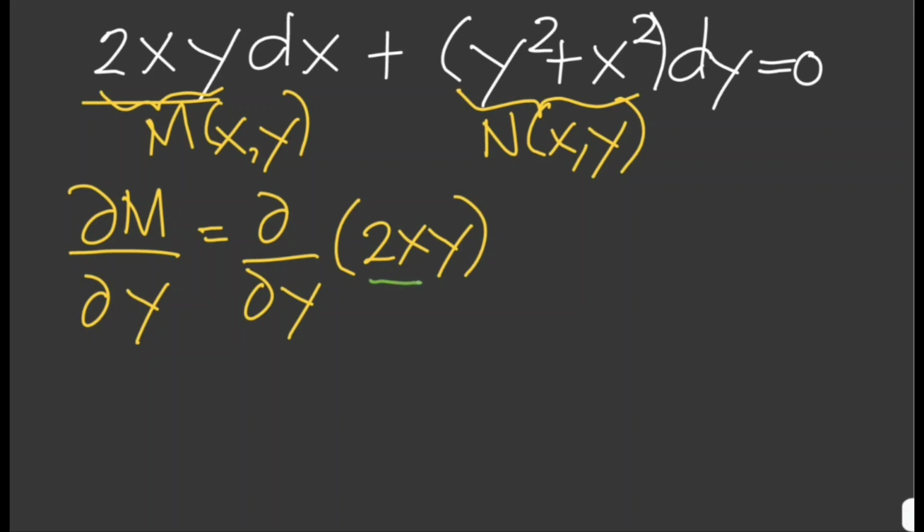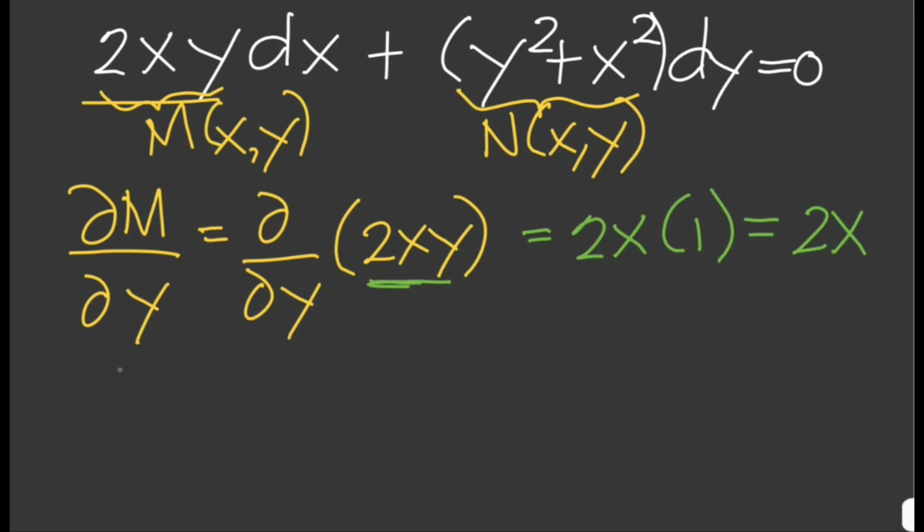Therefore, 2x here is considered a constant. So the derivative of 2xy: 2x is a constant, and the derivative of y is equal to 1. So this is just 2x times 1, or simply 2x.